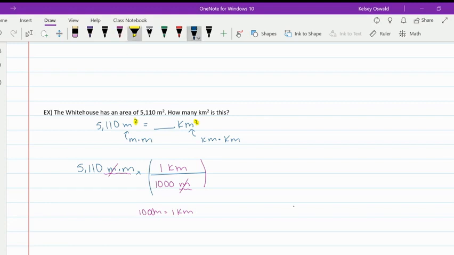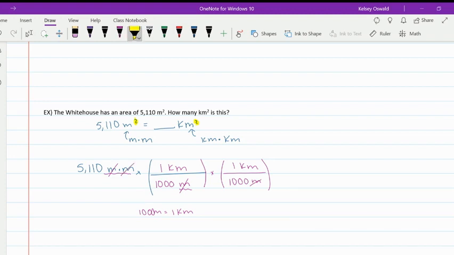That means I need to do this conversion factor again, because there are 2 meter units that I need to cancel out. Again, I know there's 1,000 meters in 1 kilometer. Now that I have meters on the bottom again, I'm able to cancel out this other one.